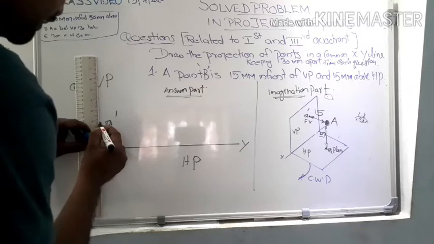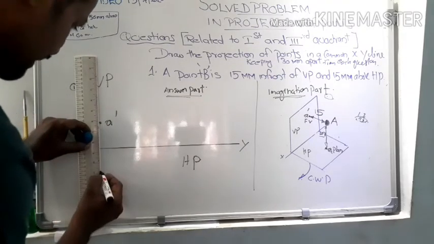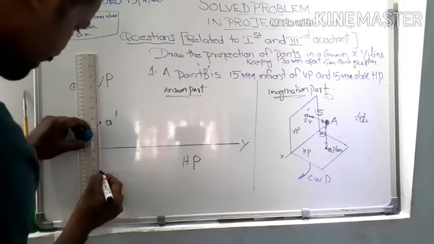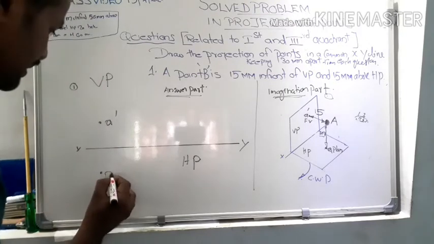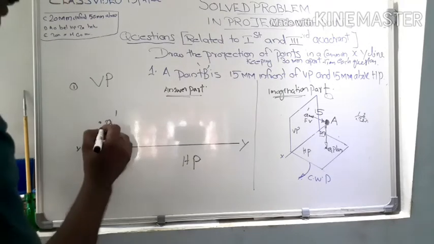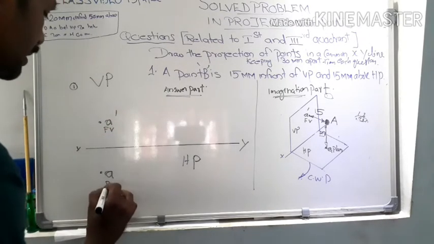Now put a point corresponding to this A dash, keeping the same distance from the XY line. That point is marked as A. Now we have completed our front view and this is our plan.